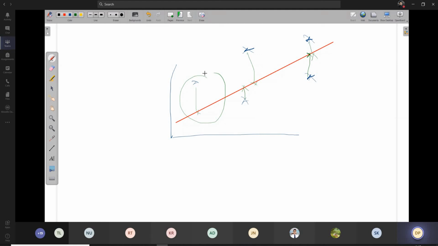Now, when the dependent variable is linearly related to the independent variable, as in the equation y = mx + c, because the power of x is 1, then this process is known as linear regression analysis.